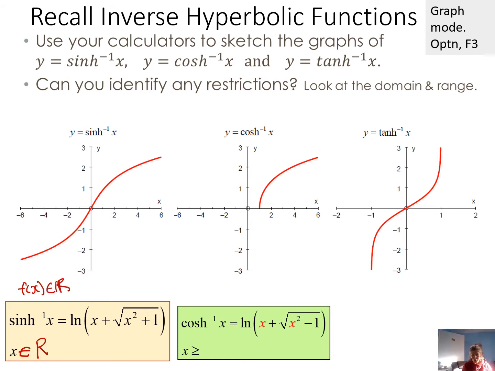Right, cosh, the domain, it's starting at 1, so x is greater than or equal to 1. And the y values then, so f of x is greater than or equal to 0. And tanh, at the moment my face is covering up that thing, I'll move it later. But you want the domain here.